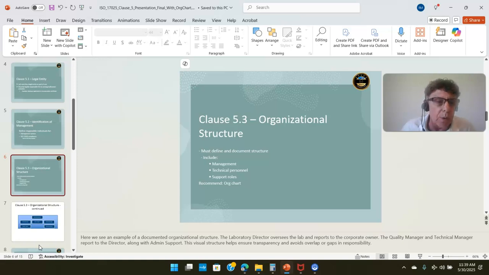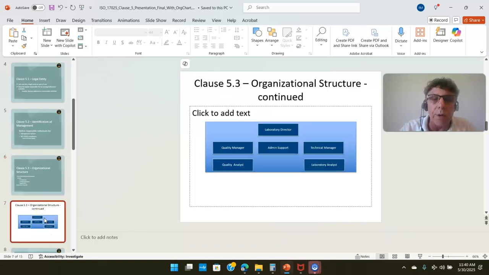But I highly recommend some sort of organizational chart, and it's perfectly okay to embed that in a quality manual. So here, what I'm going to show you on the next slide is an example of a documented organizational structure. It's very simple. It's kind of dumb looking, but it gives the overall structure of requirements, and you can modify this type of item any way you see fit. So here it is, like I said, very simple.